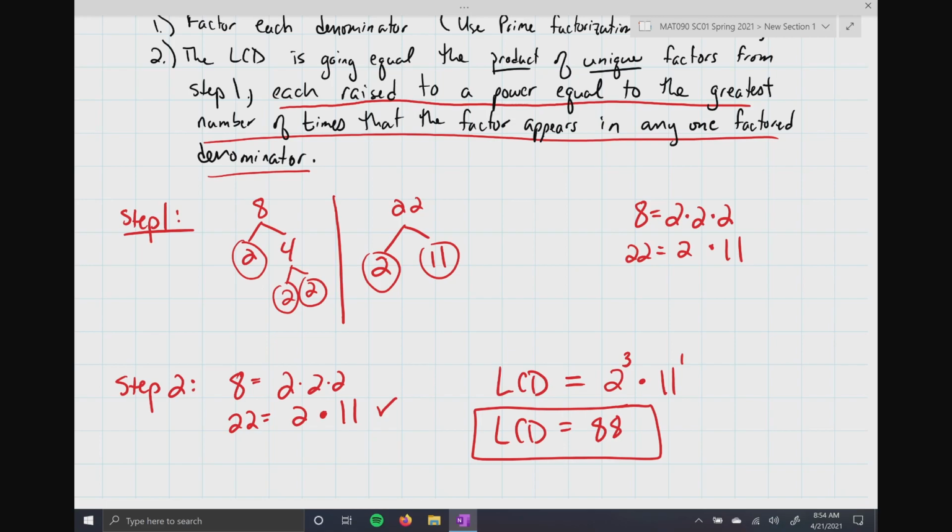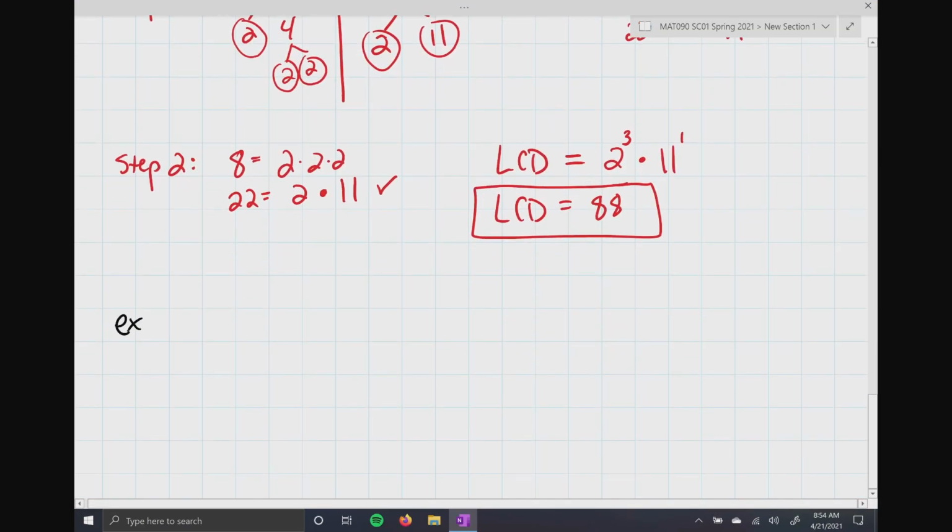All right, let's do one more like this. So let's find the LCD for 7 over 20x and 11 over 48x to the 3rd.